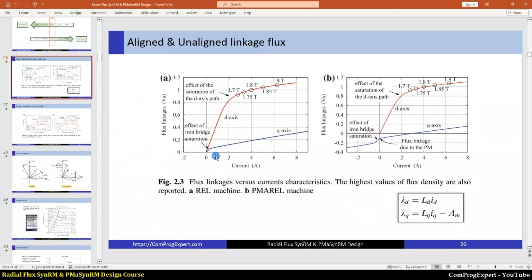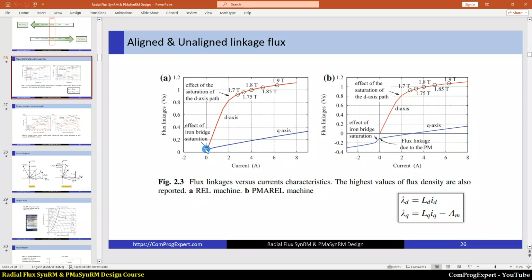So when the value of the current angle is equal to 0, as you know, we only have D current. The Q current is 0. And when we excite the stator winding, set the current angle equal to 0 and increase the excitation level, we can calculate lambda_D.